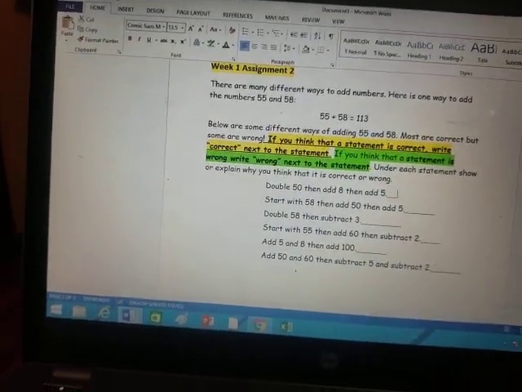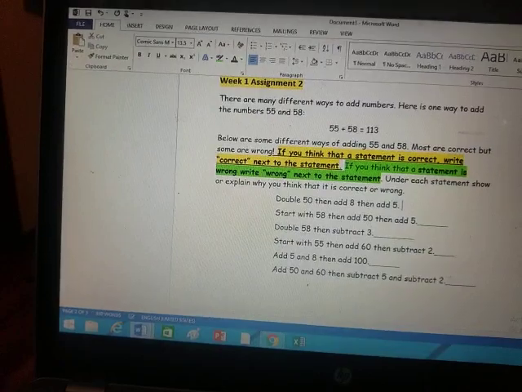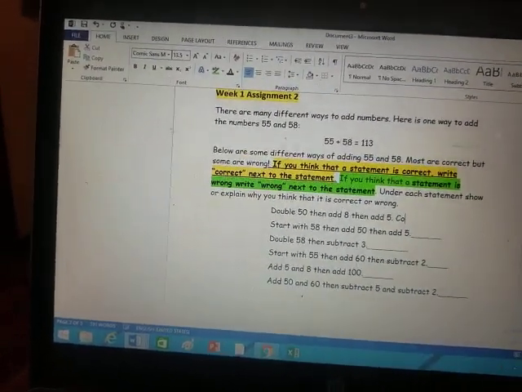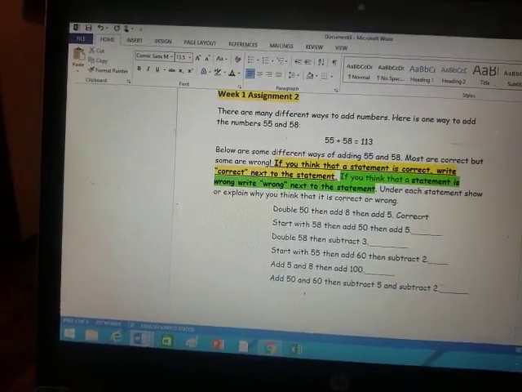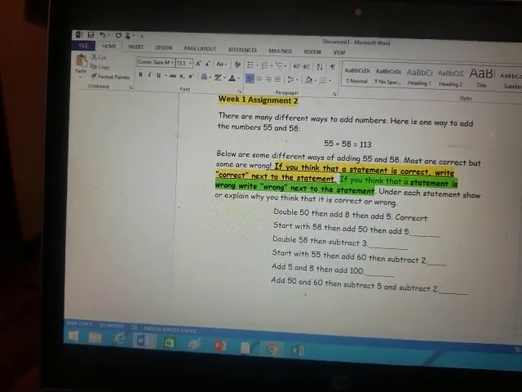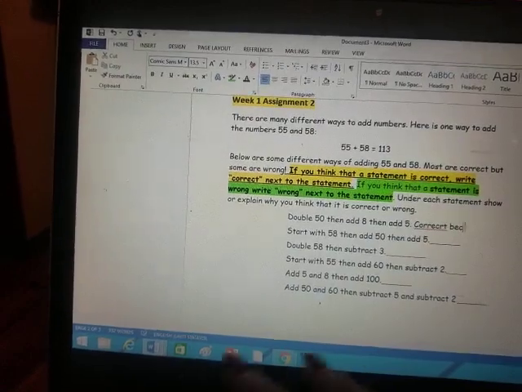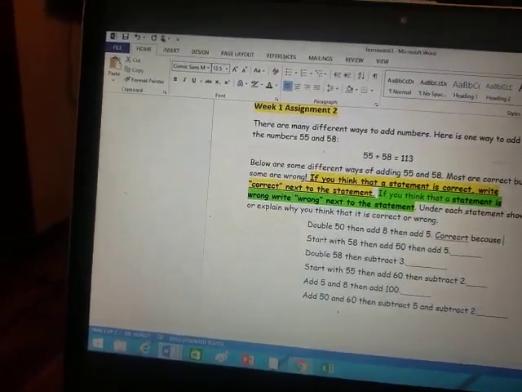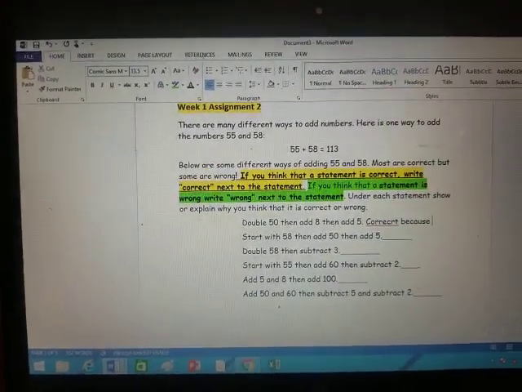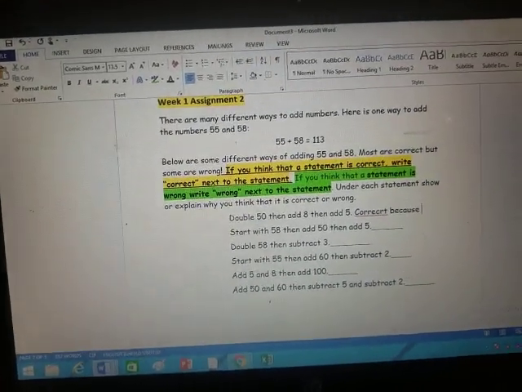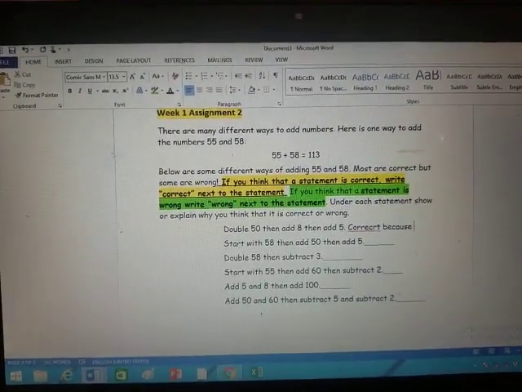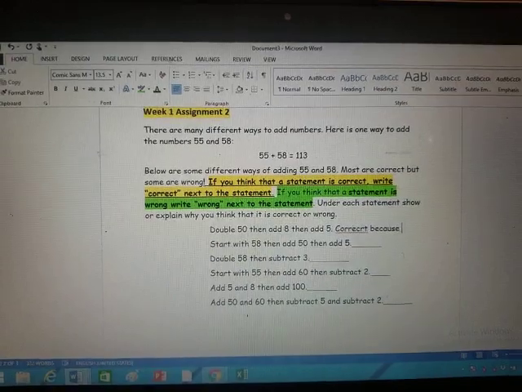So you would write correct. Now, are you done yet? No, because it tells you to explain. So you will say correct because, and then you would tell me 50 plus 50 is 100, 100 plus 8 is 108, and then 108 plus 5 is 113.